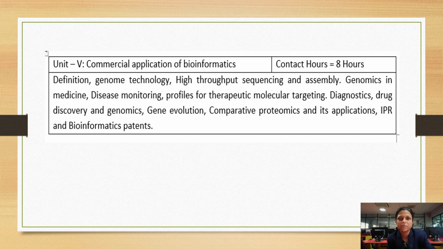We analyze mainly for the purpose of drug designing and agriculture, and we'll also study IPR and some bioinformatics patents. So this is the overall syllabus we are covering with respect to bioinformatics.